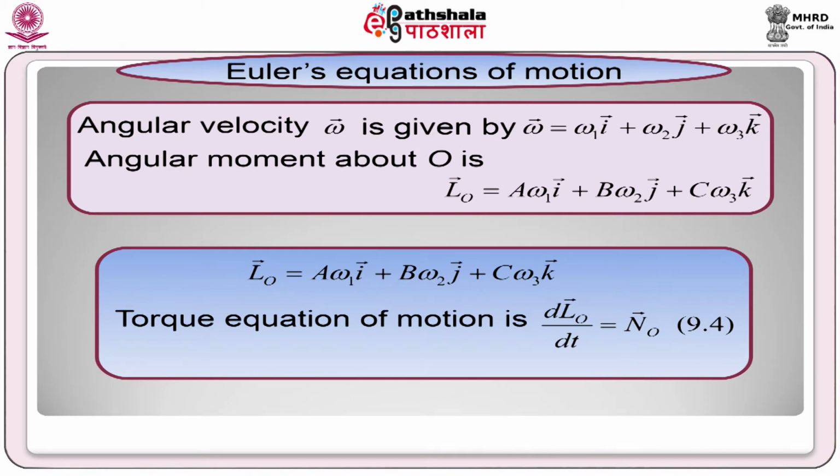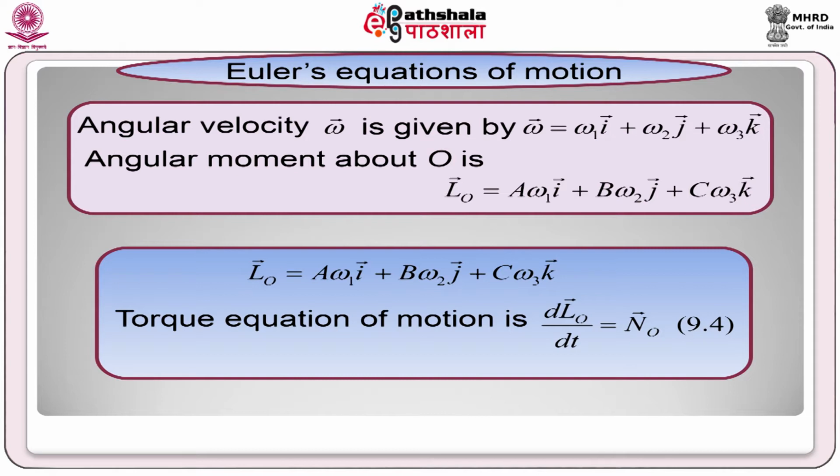Let us obtain Euler's equations of motion. Let a rigid body turn about a point O fixed in both body as well as space. Let Ox, Oy, Oz be the three principal axes of inertia at O, O being the origin.